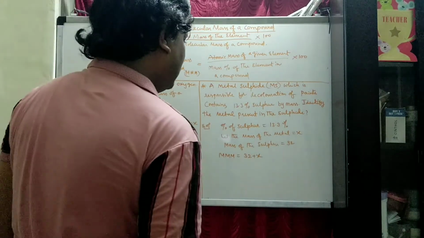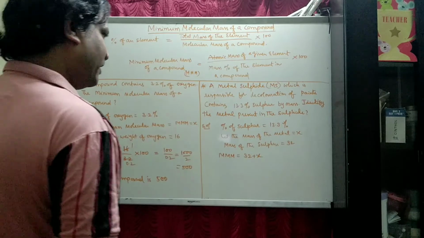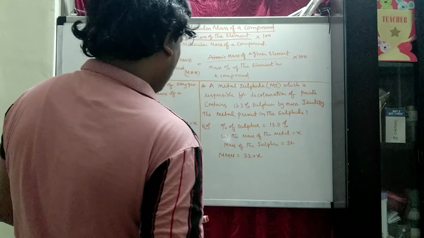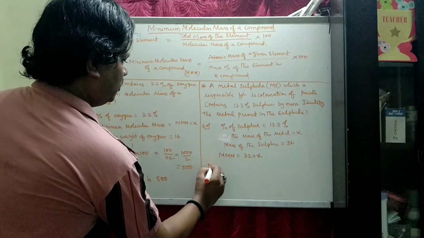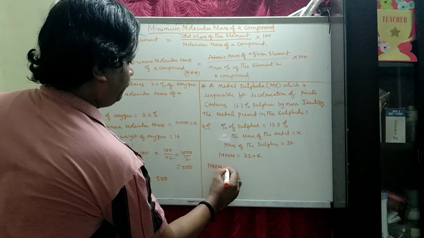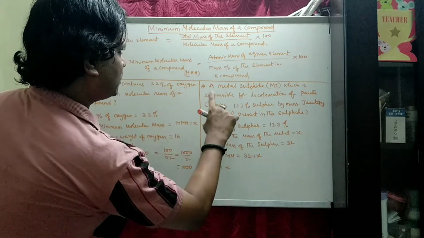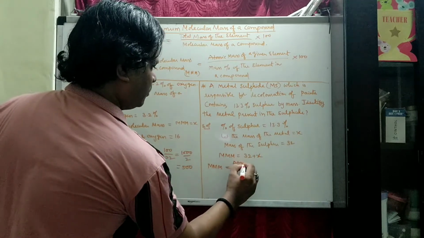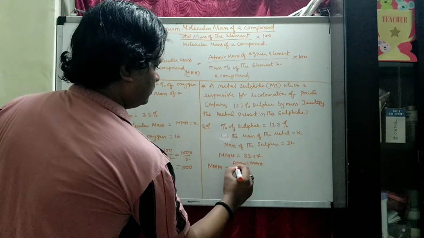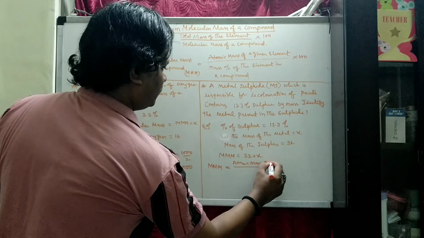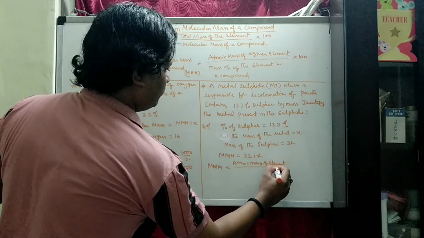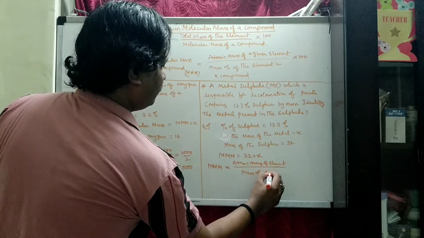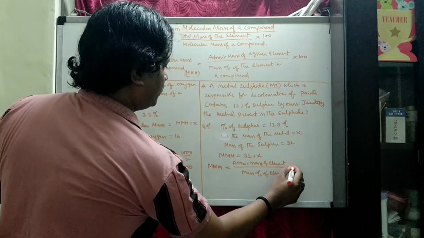Next, what is the formula? Minimum molecular mass is equal to the atomic mass of the given element by the mass percentage of the element, into 100.